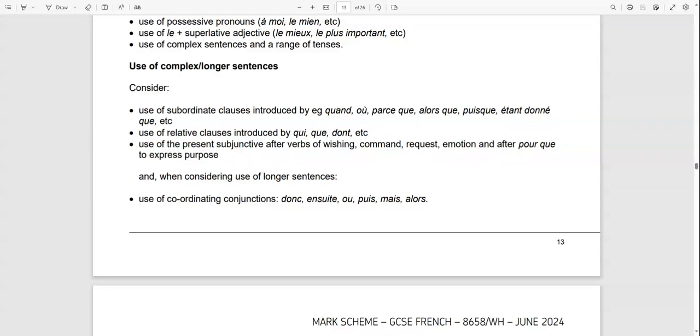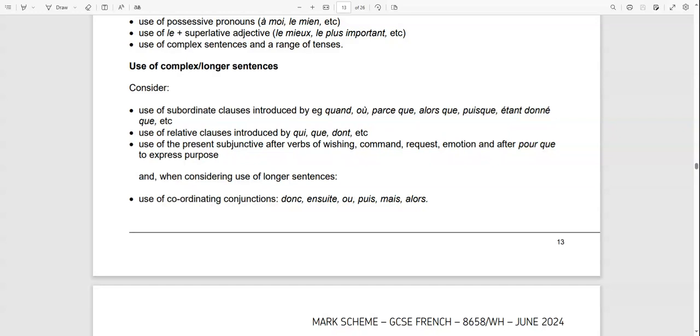Using the present subjunctive. So, for example, after verbs of wishing, an example of that, I want my brother to have a good job.